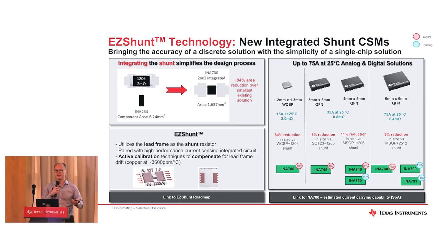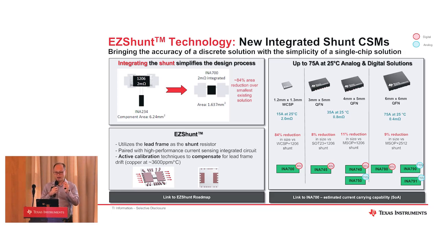That's so big, taking up so much space on your PCB, and expensive, because you have to get a high accuracy resistor as your shunt. Now we integrate it into our IC. The INA700, in 1.6 millimeter square, is the entire current sensor, including the shunt.